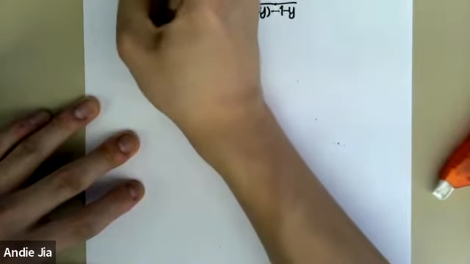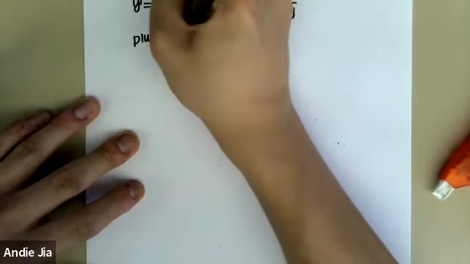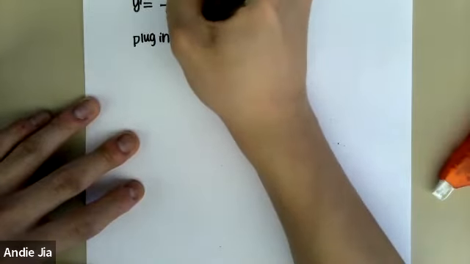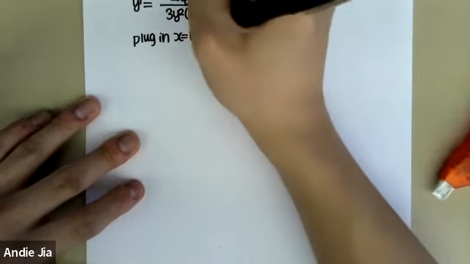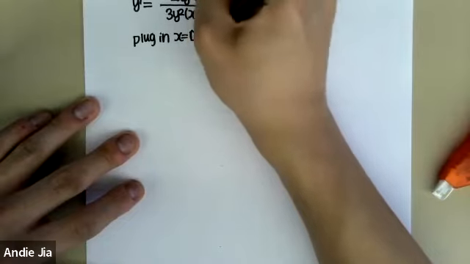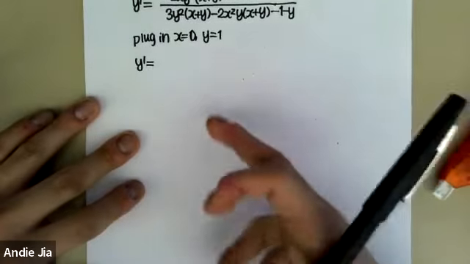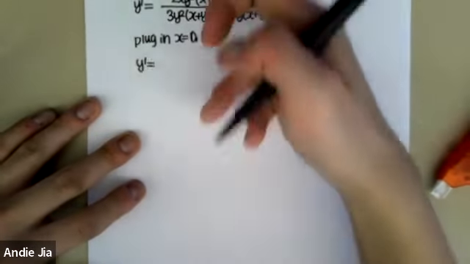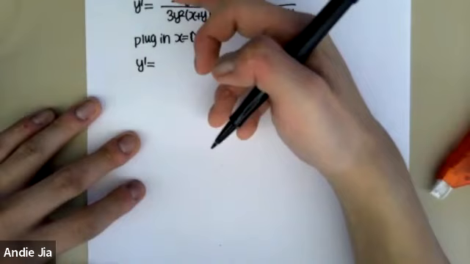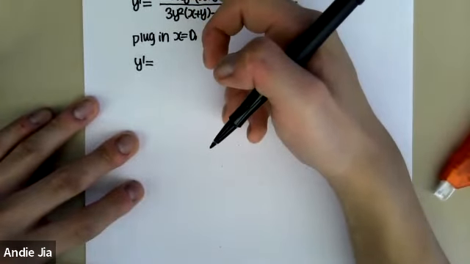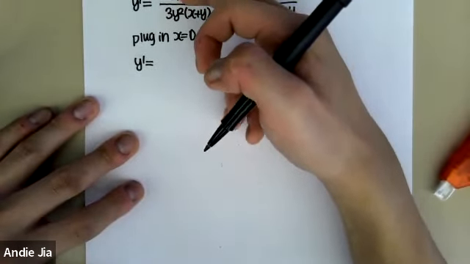Then plug in x equal to 0, y equals to 1. We got y prime is going to be 0 in that case.